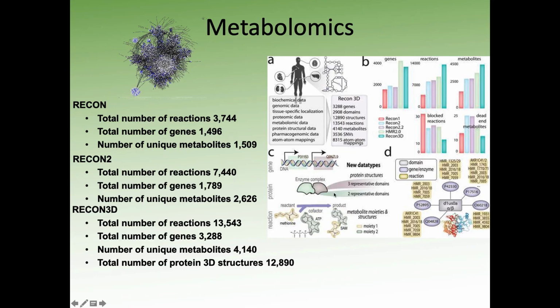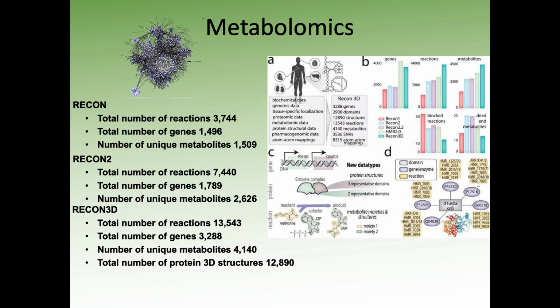And if we think about some of the differences between these different versions of Recon, we can see a steady increase in the number of reactions that are considered as part of this base model. Total number of genes has been increasing, but notice that, because these are largely enzymatically based processes, it's way less than what we would consider to be all the genes in an organism.